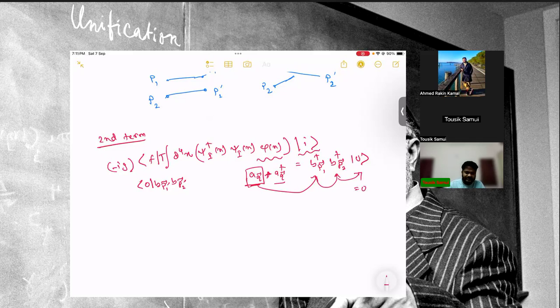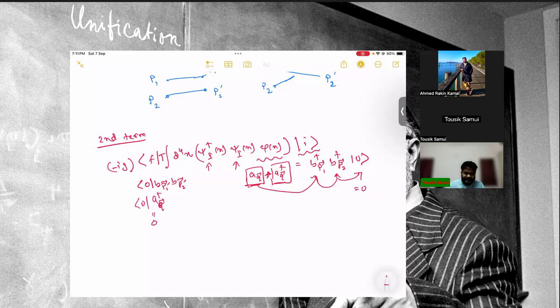And for the second term, the same trick we can apply, but this time with the psi, all these things. It can easily pass through, since we don't have any A in this psi dagger, and it will eventually reach AQ dagger near the 0 state, and it will annihilate this.